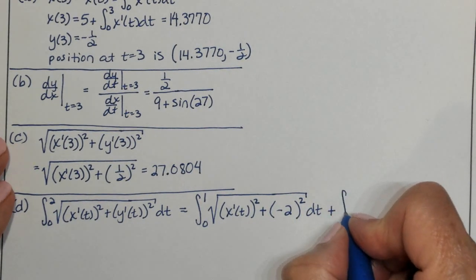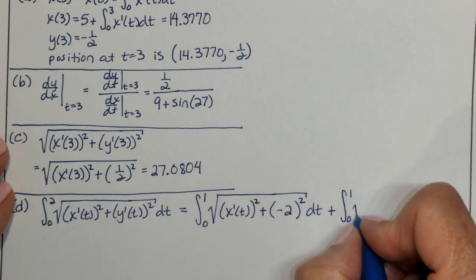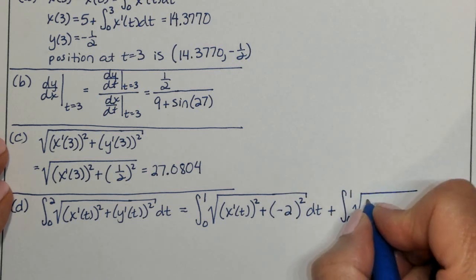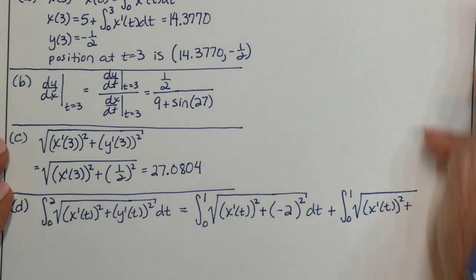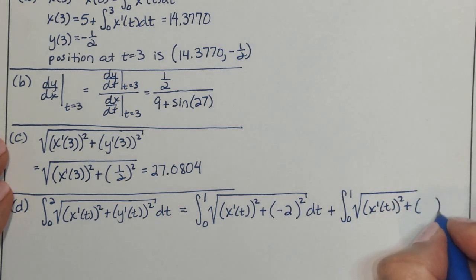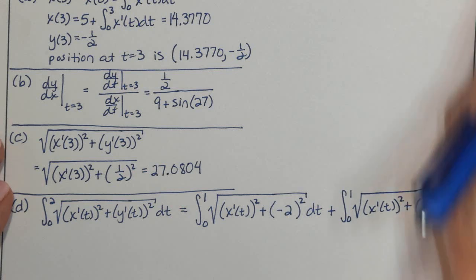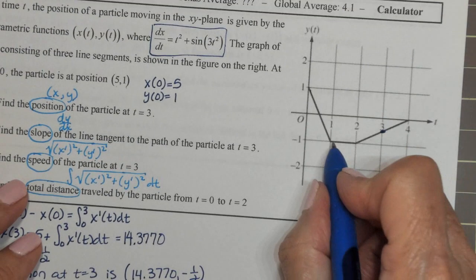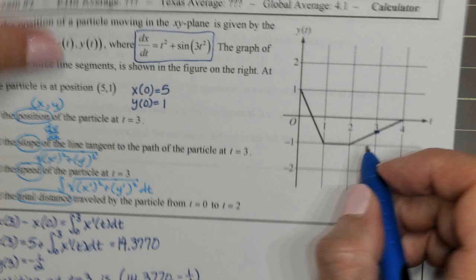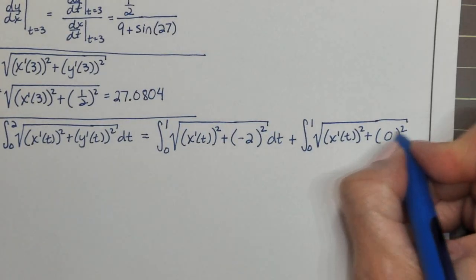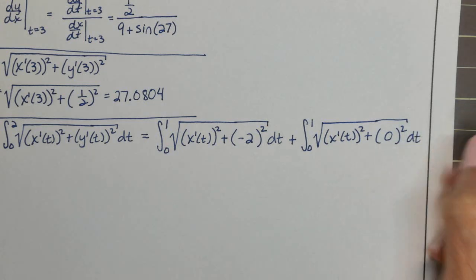Plus integral 0 to 1 square root x prime of t squared plus the next y prime squared. The y prime for the next segment has slope 0, so this is just going to be a 0 right here.